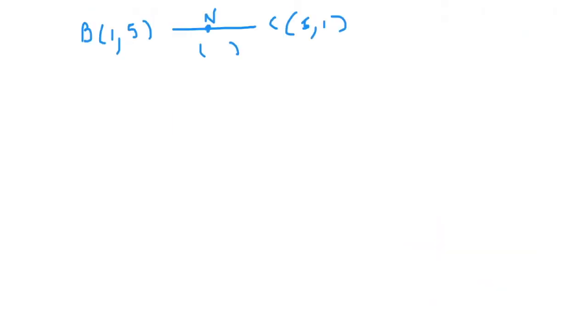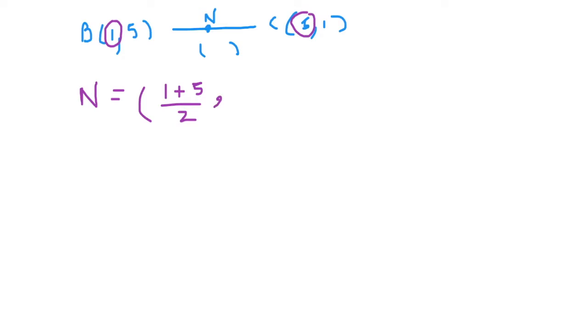So now let's find the value of N using the same concept and same midpoint formula. Our midpoint formula is (x1 + x2) divided by 2, (y1 + y2) divided by 2. So N will be (1 + 5) divided by 2 for x.